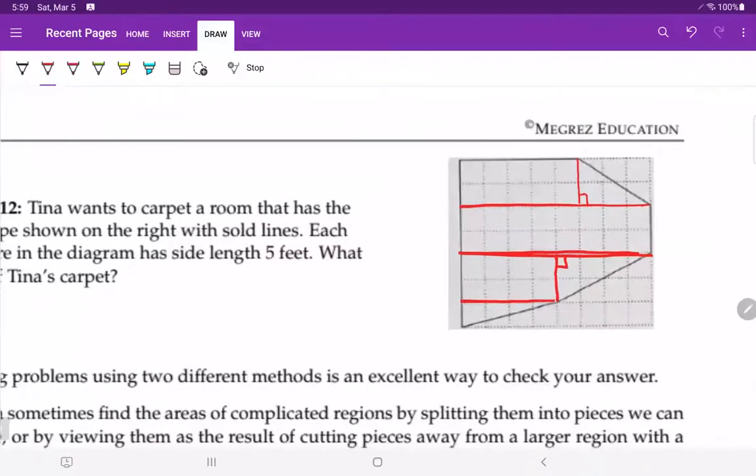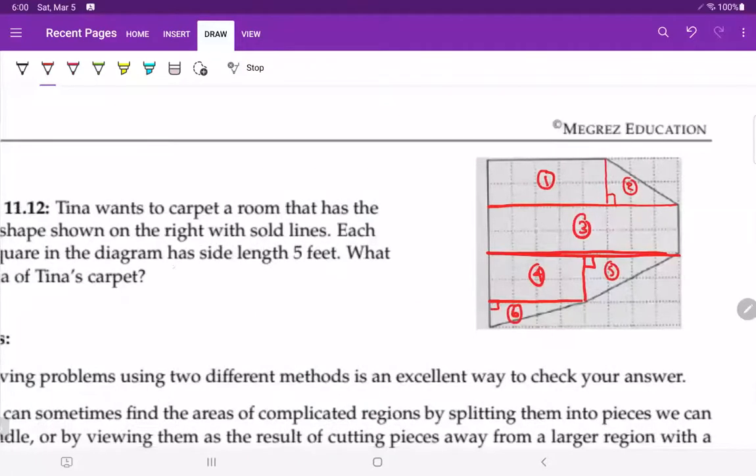Now each of them is 5 feet. We have rectangles, and the triangles are right angle triangles, and we know the area is half times base times height. We have 3 triangles and 3 rectangles. Let me call them area 1, 2, 3, 4, 5, 6.